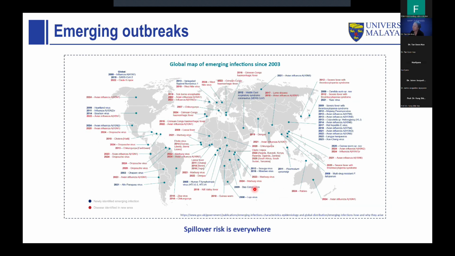And when we put the same data on a world map, we can see that emerging outbreaks occur everywhere, not just in one hotspot. Also, when you look at the map, you notice that different areas or regions have different diseases. So the surveillance and the response for every country cannot be one size fits all.